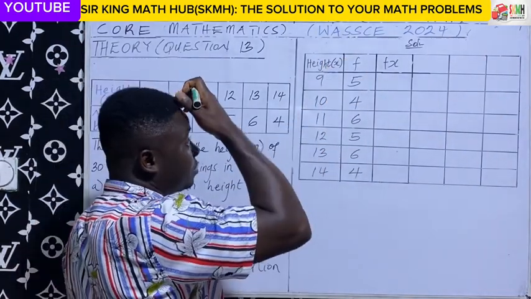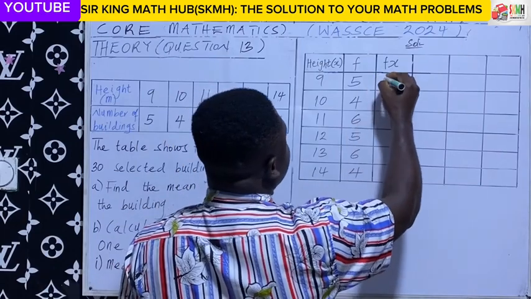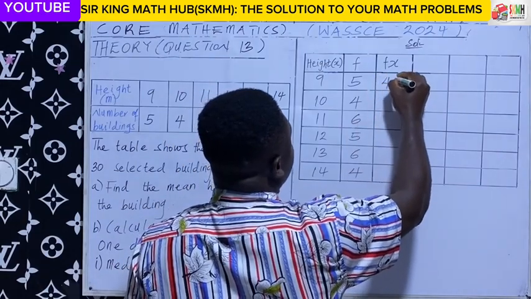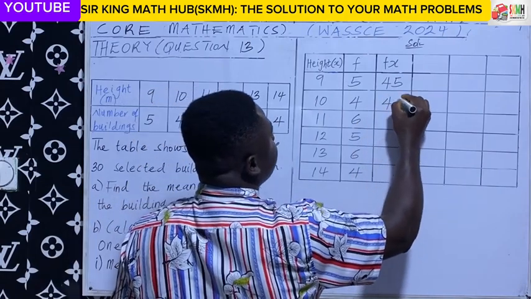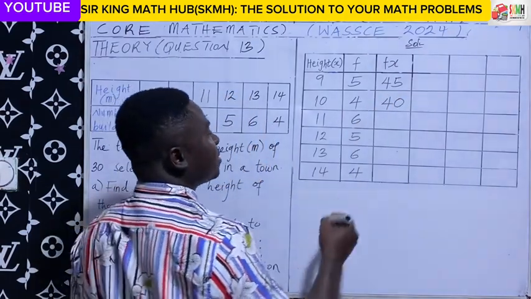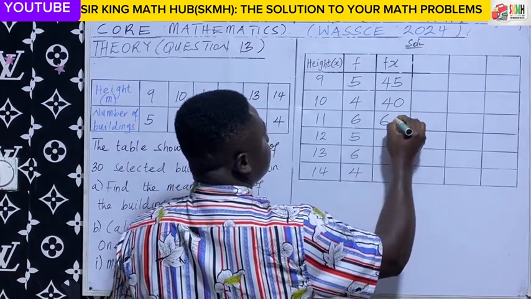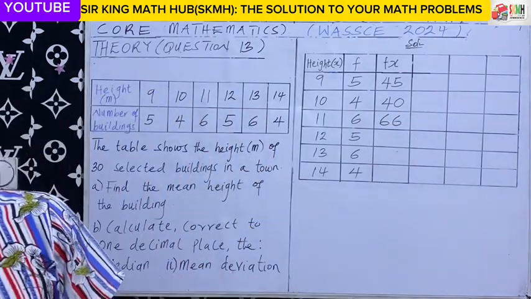So let's start. 9 times 5, that is 45. Then 10 times 4, this will give us 40. 11 times 6, this should give us 66.